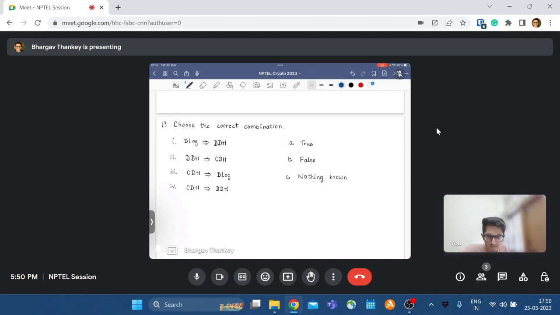Does it not depend on the group? No, that's what I'm saying. Suppose we have a group G, and no matter what G is, does the D log assumption always imply the DDH assumption?